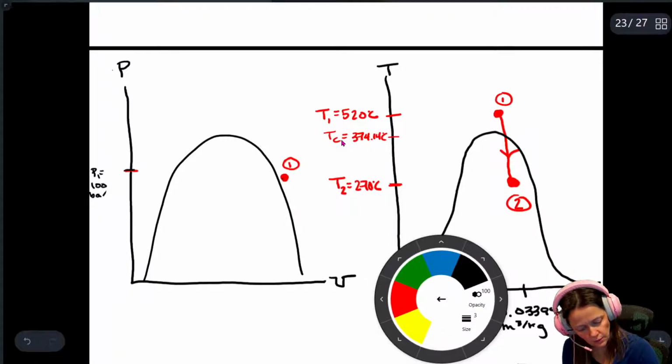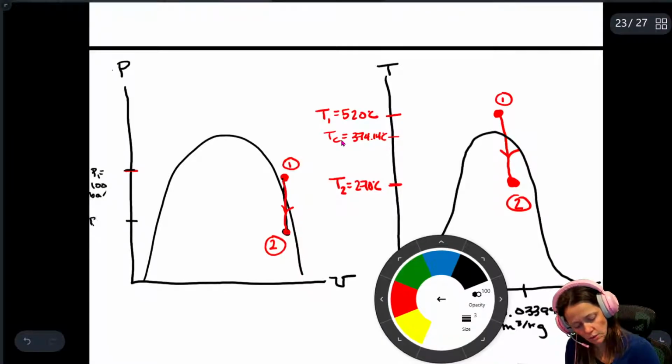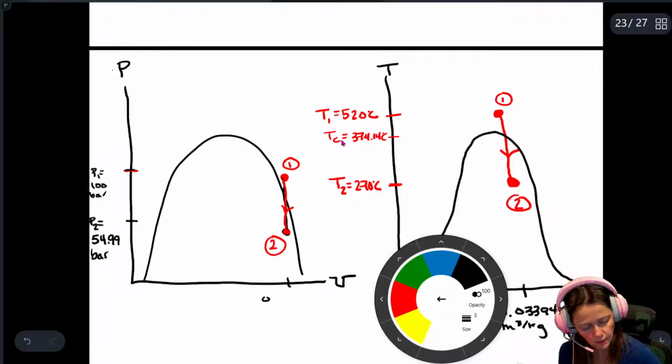Then it's going to go straight down into that 2-phase region. So it's our P2. P2 was 54.99, at that 0.03394 meters cubed per kilogram.